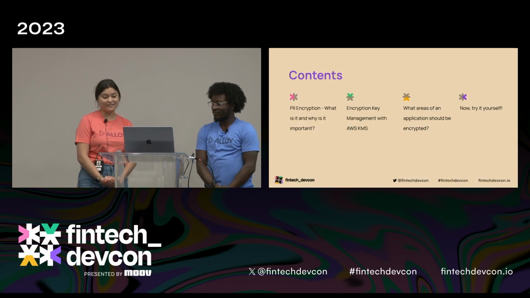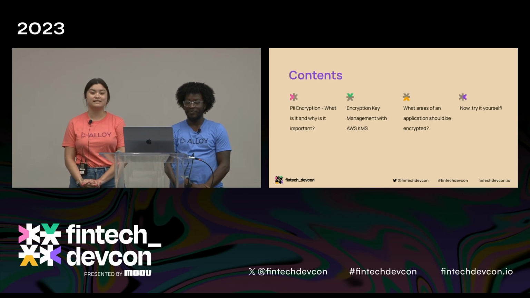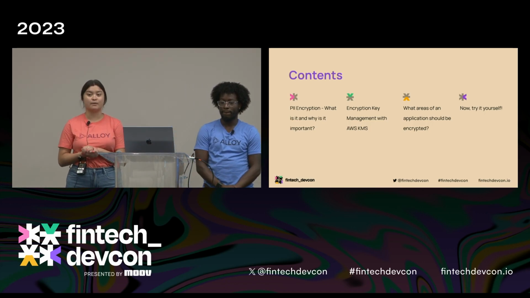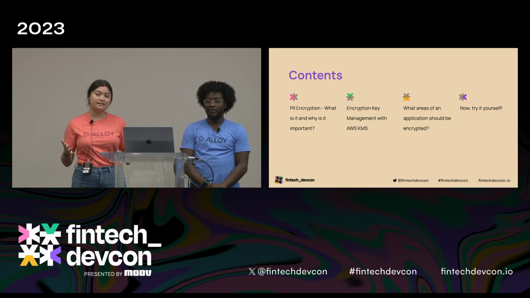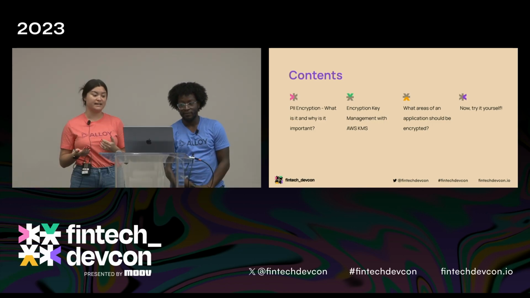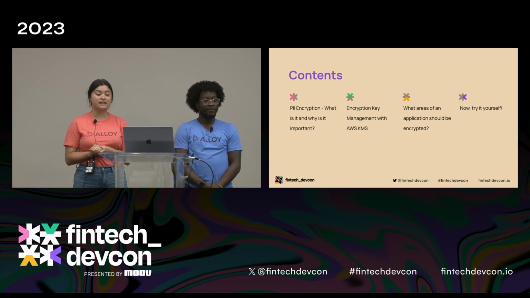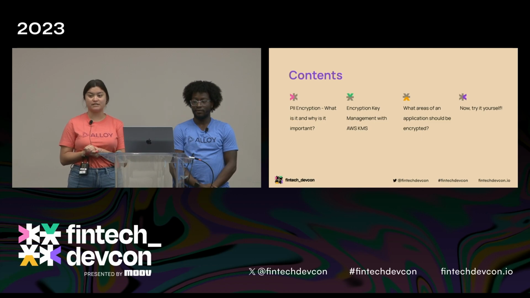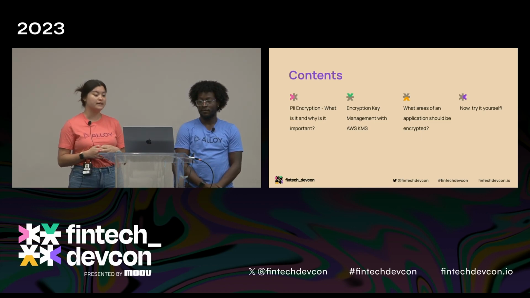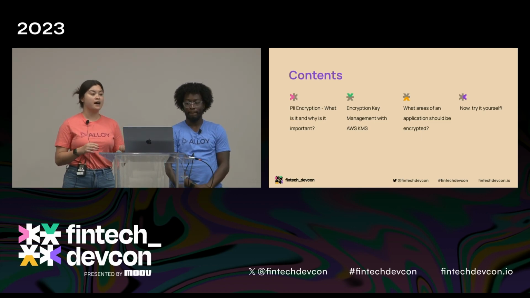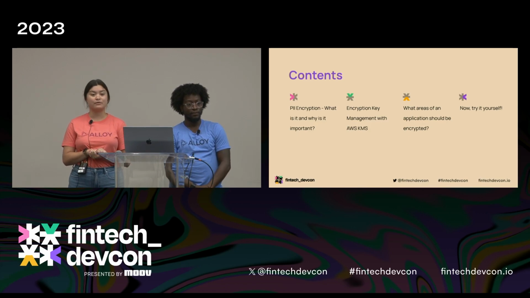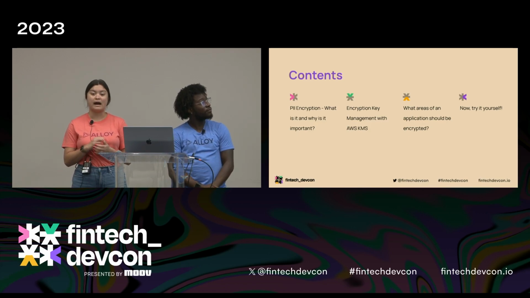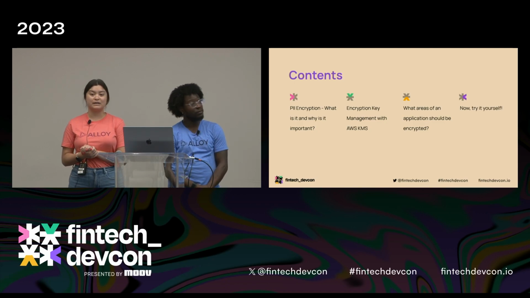So today we have an exciting agenda for you all. Essentially what we're going to do is start by talking about PII encryption. What exactly is it and why is it so important to the fintech space? We'll also discuss some tools for encrypting applications, and the tool that we're going to use in today's demo is AWS KMS. We'll also spend a little time talking about the areas of the application and how they should be encrypted, because different parts of the application should be treated differently.